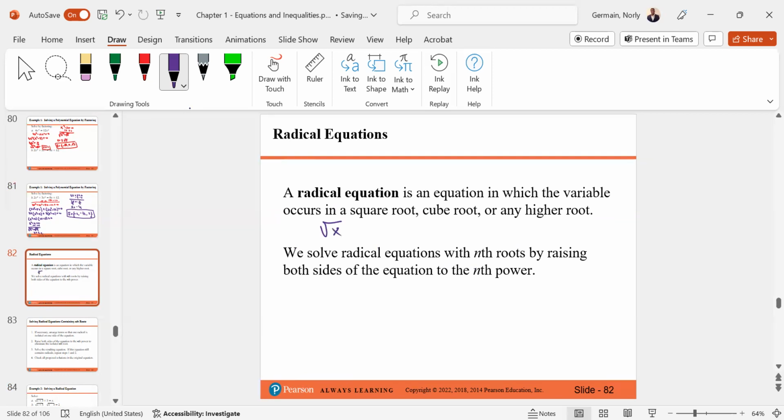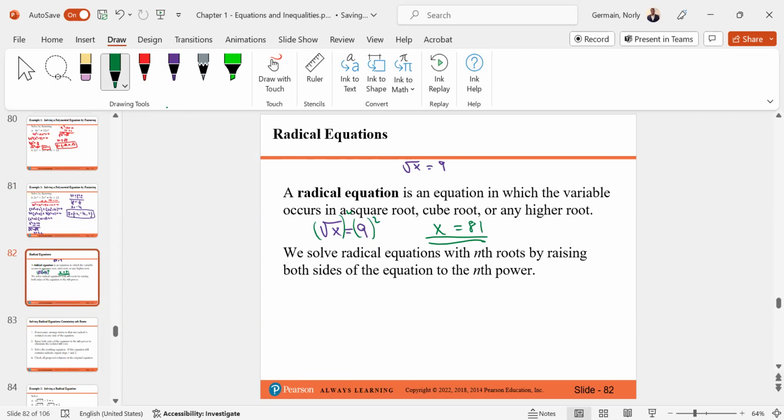If we have the square root of x equals 9, how would you find x? Because you always solve for x, you raise both sides to power 2. So the square root of x to the power 2 is x, and 9 squared is 81. Then you find your solutions.